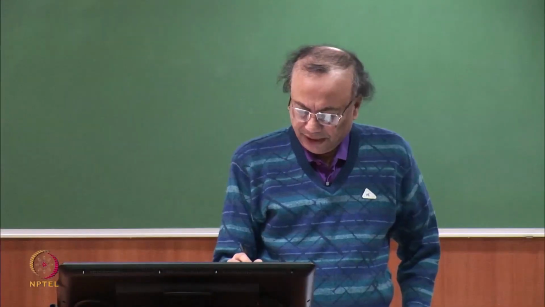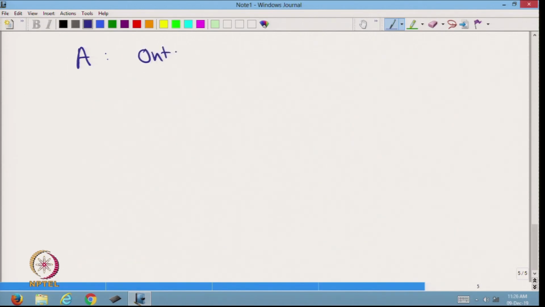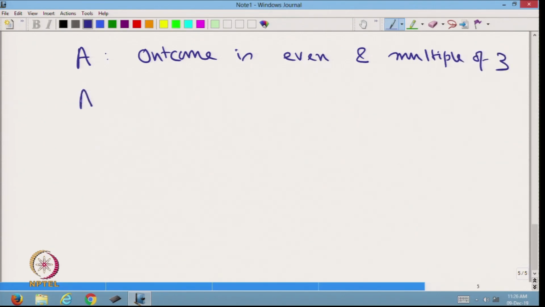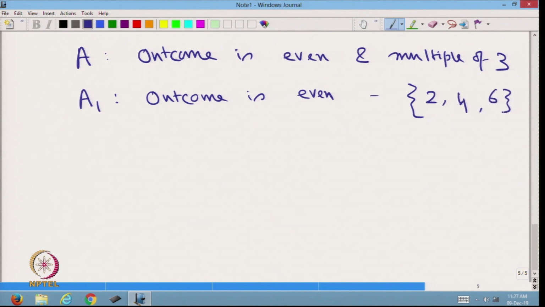So, let A be the event, outcome is even and multiple of 3. Let A1 be the event, outcome is even, which means essentially 2, 4 and 6, and A2 be the event, outcome is multiple of 3.